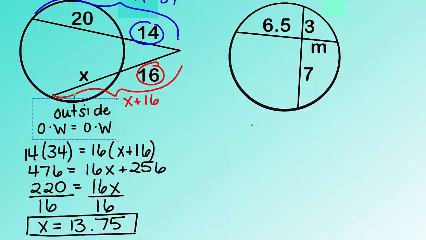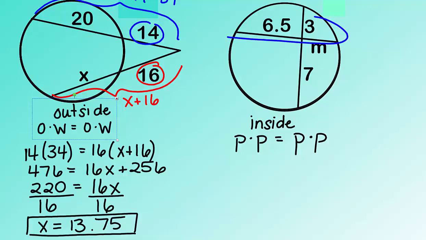For this next one, our intersection is inside of the circle. So we're going to use pop, pop. I'm going to go along each line.